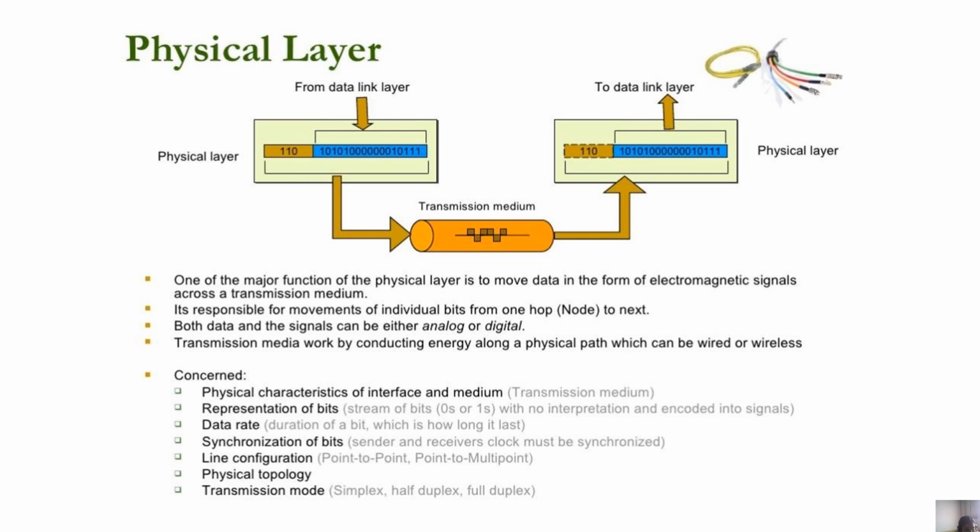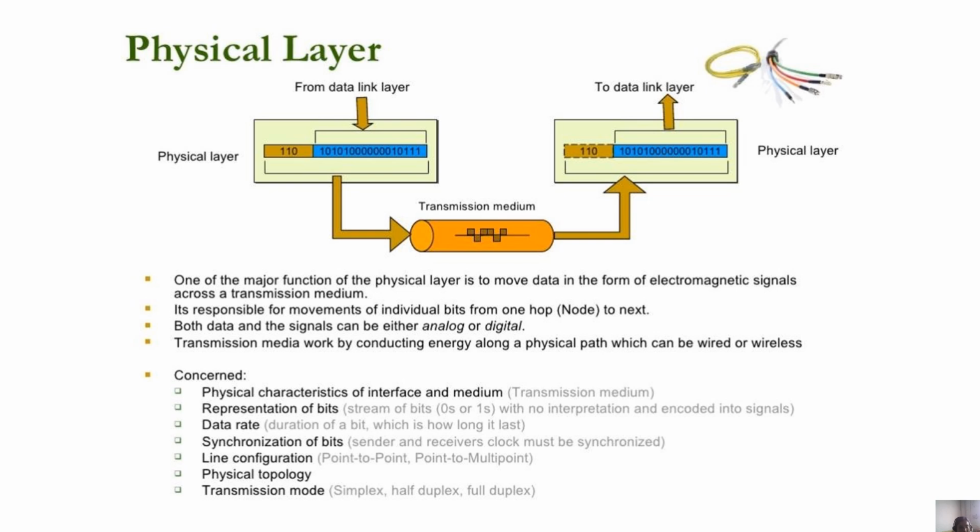At this layer the data is reduced into bits, and then they are sent from sender to receiver through the transmission medium. One of the major functions of the physical layer is to move data in the form of electromagnetic signals across the transmission medium.